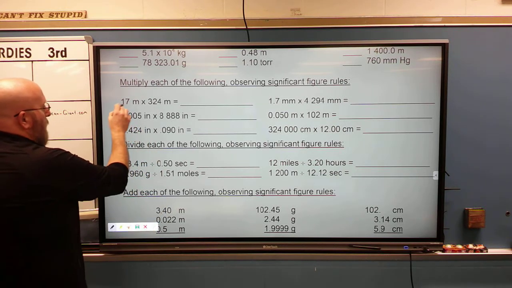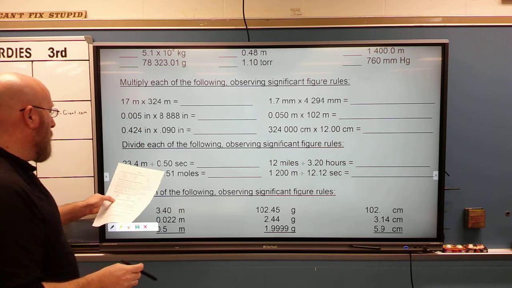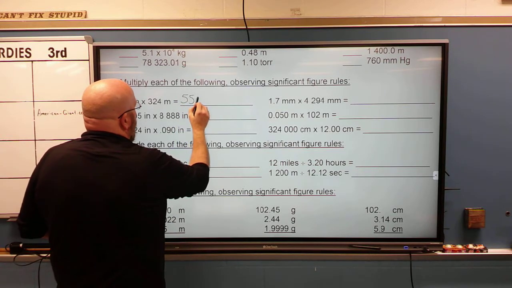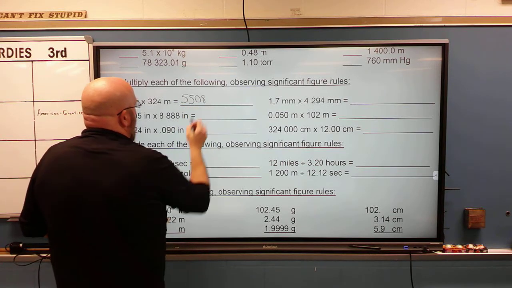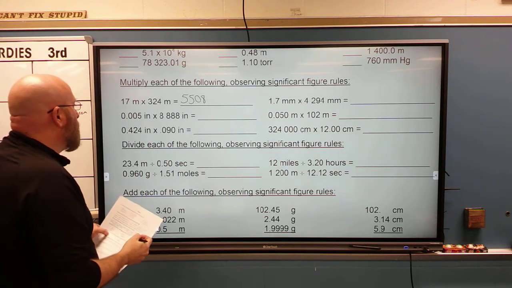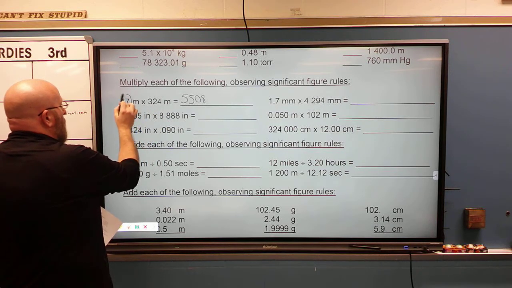So the first one is 17 meters times 324 meters. What you get is 5,508. Okay, that's what the calculator will say. But again, if you look at the question, this one has 3 sig figs, and this one has 2.